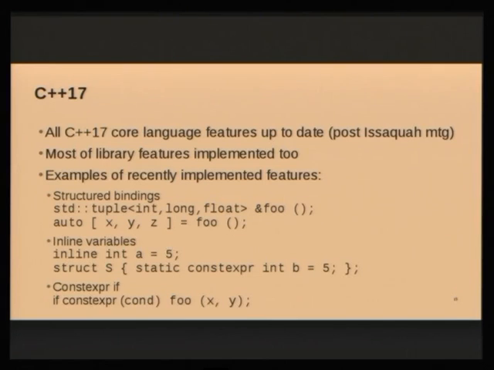constexpr if is another new feature in C++17. The requirement is that the condition actually is a constexpr value, so it has to be a Boolean which expands to either true or false through constexpr folding.